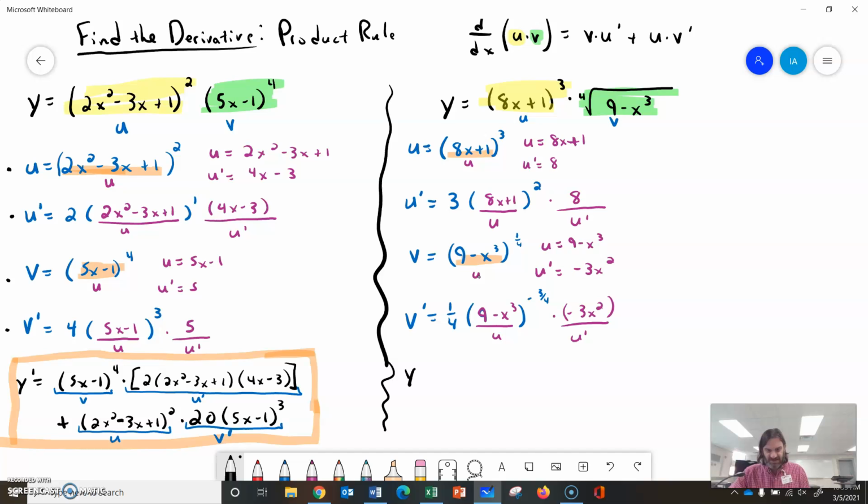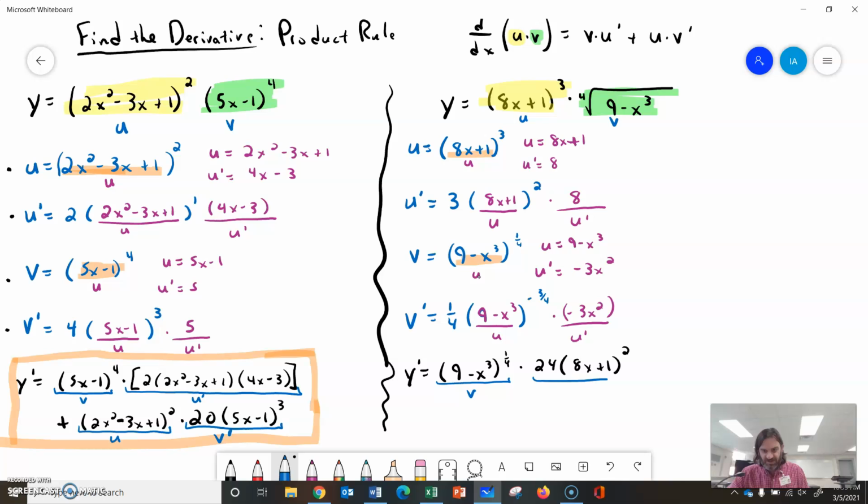Let's put this together. I know it's getting really long, but I like to try and keep it on one page for you. So we'll have v, which was 9 minus x cubed to the 1/4. That's the v. And we'll have times u prime, which will be 24 times 8x plus 1 squared.